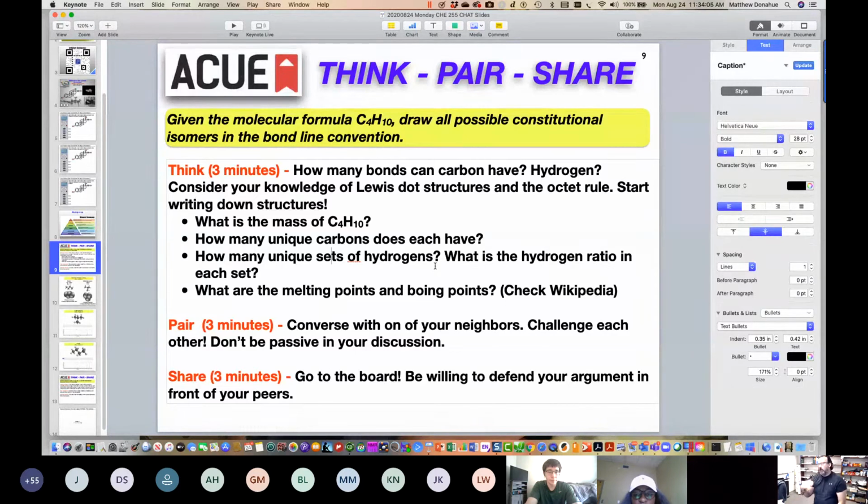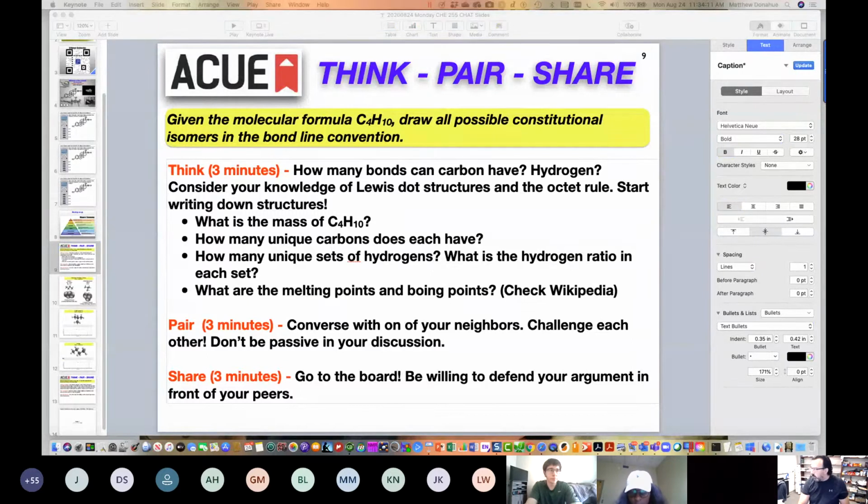So if anyone knows, I'll write it in the chat, the name of the linear isomer. What is the name of the linear isomer? So Taka wrote butane. Butane is correct.